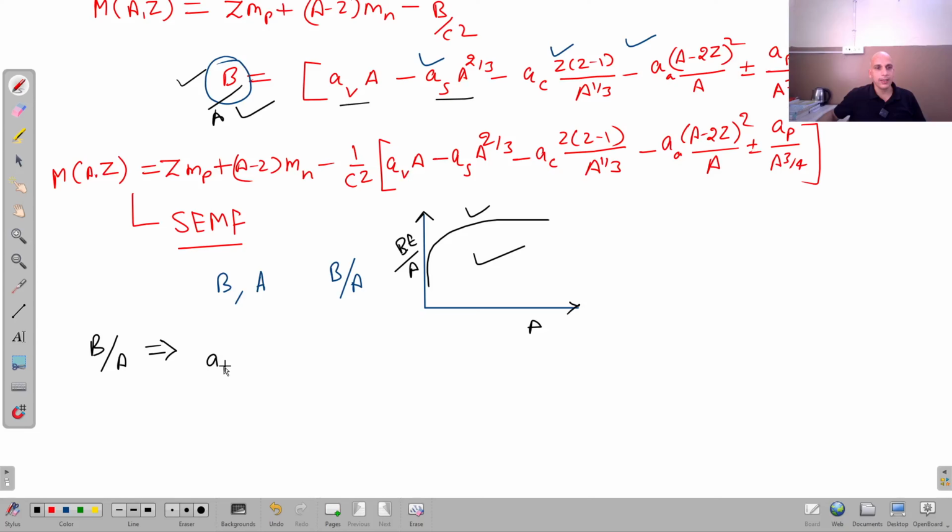So I will get a_v minus a_s. When I divide A power 2 by 3 by A, A will go there, it will become minus 1, so I will get A power minus 1 by 3.